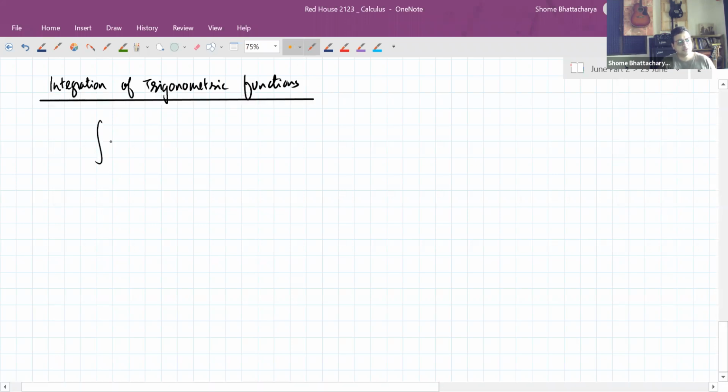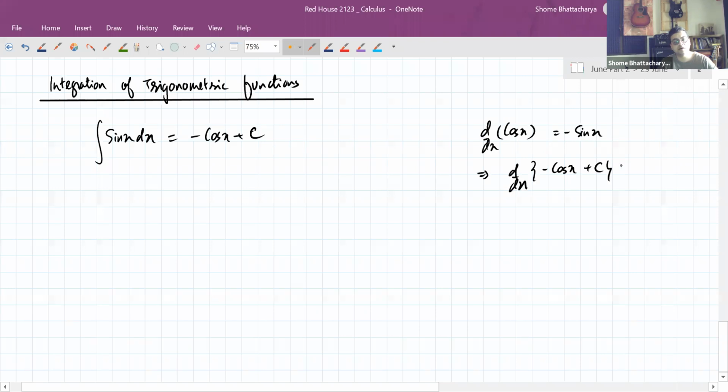Integration of sine x, logically it will be minus cos x plus c, because we know that differentiation of cos x is minus sine x. So differentiation of minus cos x plus any arbitrary constant will be sin x. So this is the simple logic for this first formula. Similarly, integration of cos x will be sin x plus c, because differentiation of sin x is cos x.